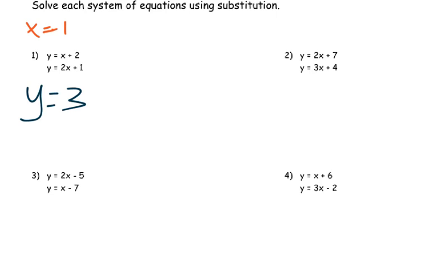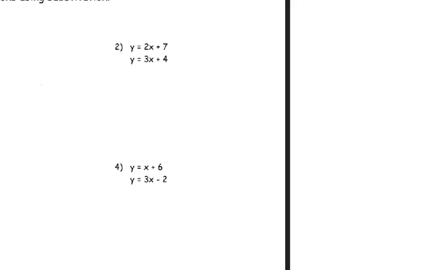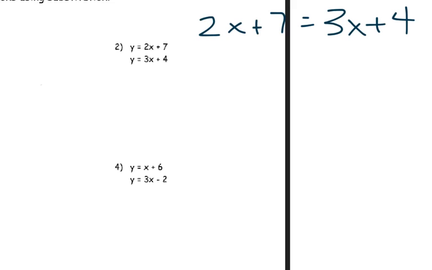So let's do number 2. I'm going to erase this just so we don't confuse ourselves. And again, all we're doing is setting the 2 equations equal to each other. Because if they're both equal to y, then they're equal to each other.